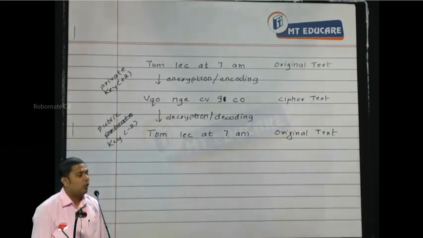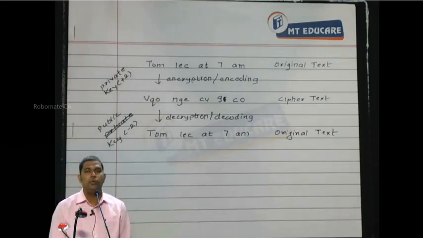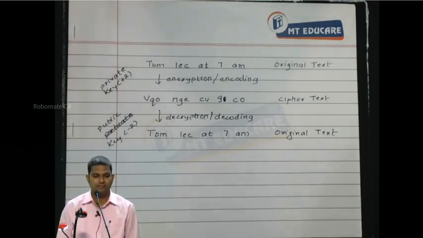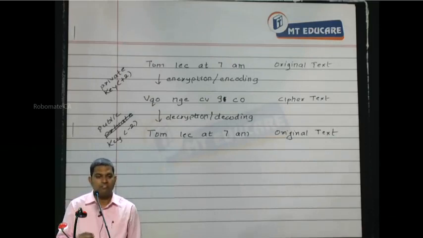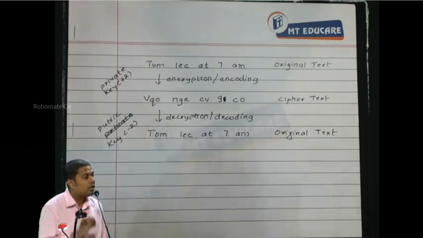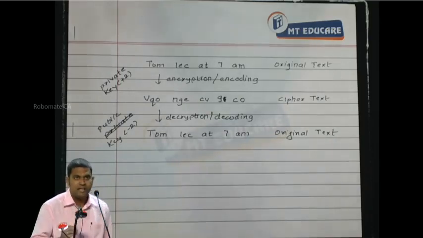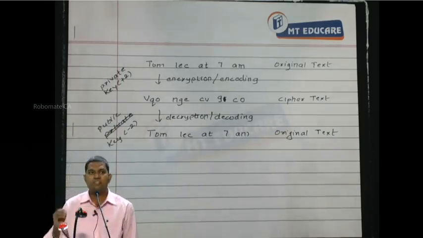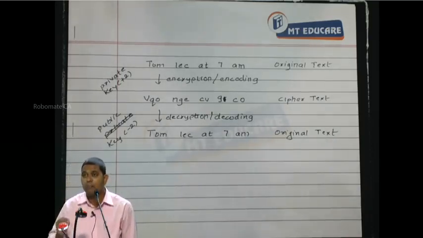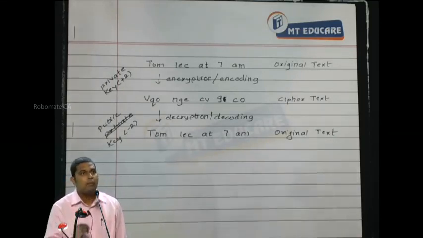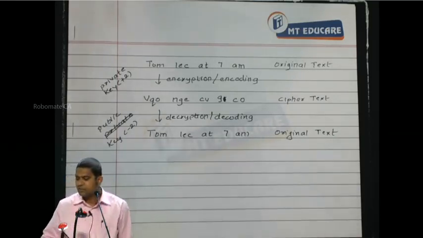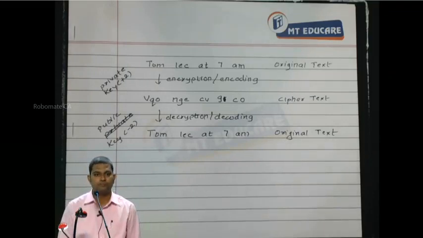Non-repudiation refers to once you are committing something, you cannot step back. Means once you have sent the data, later on you cannot say that I have not sent this data. And cryptography will see to it that non-repudiation doesn't occur. Once you are sending it, it is like you have sent it, you have approved it, or you stand by what you have done. That is called as non-repudiation.